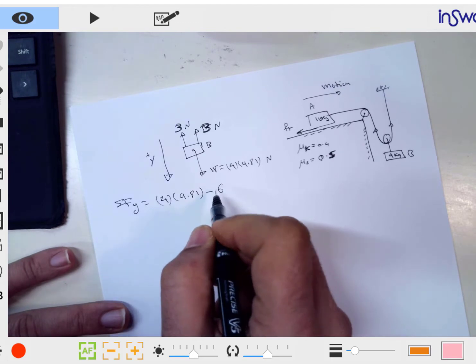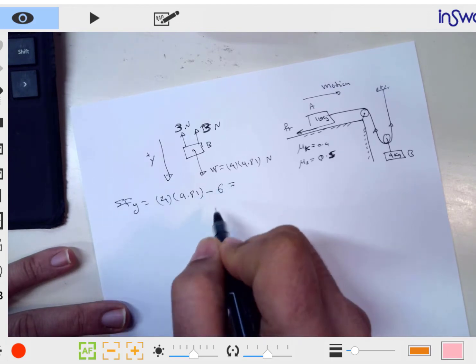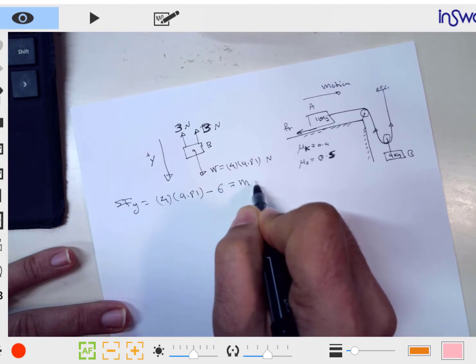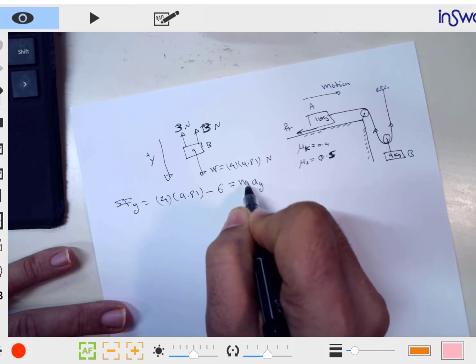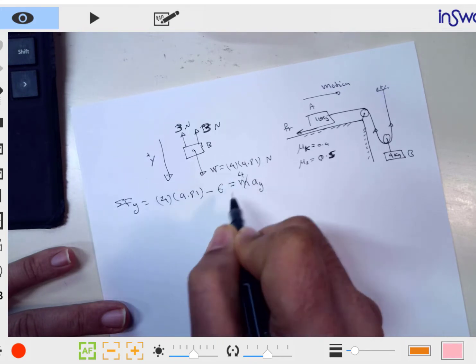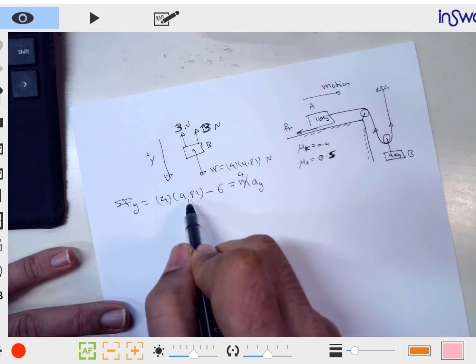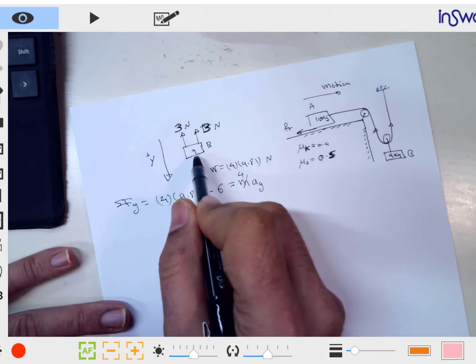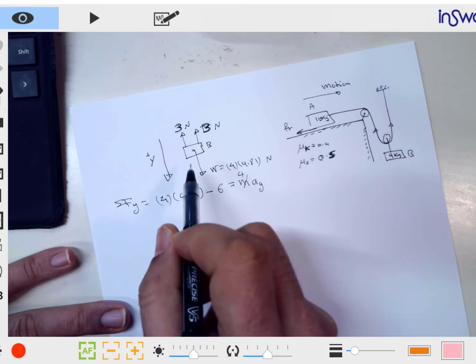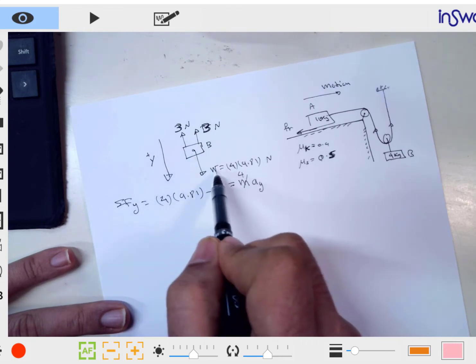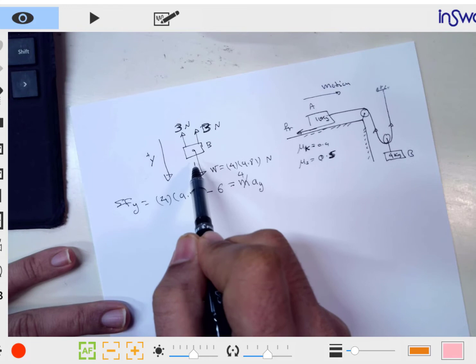Definitely this is non-zero, and it is equal to M A y, and M is 4, right? Because this net is in the downward direction, we expect that this weight will be sufficient to bring it down.